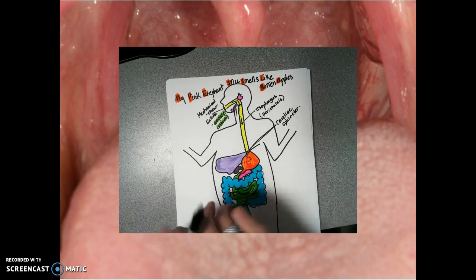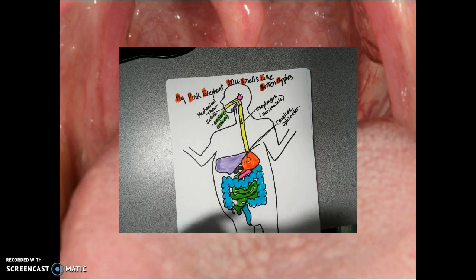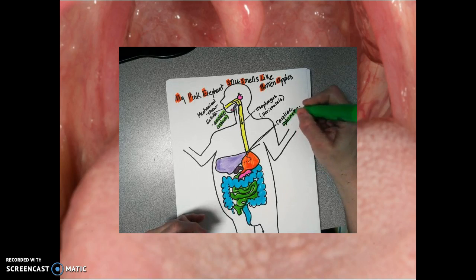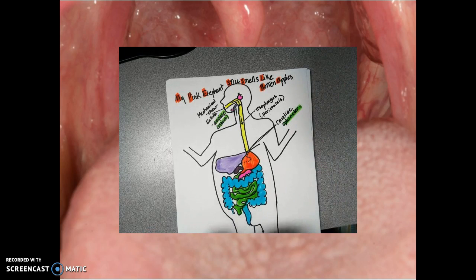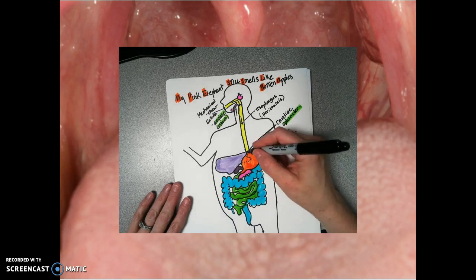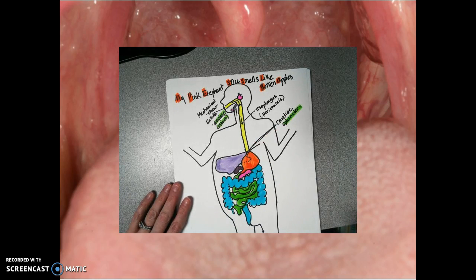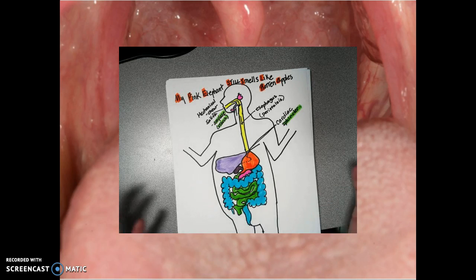I know a lot of people like to laugh at the word sphincter, but really all this is a muscle that is circular in shape, and it will open and close and tends to keep things in or let things out. This isn't actually considered a true sphincter because it doesn't have that circular shape, but it is the opening to the stomach.